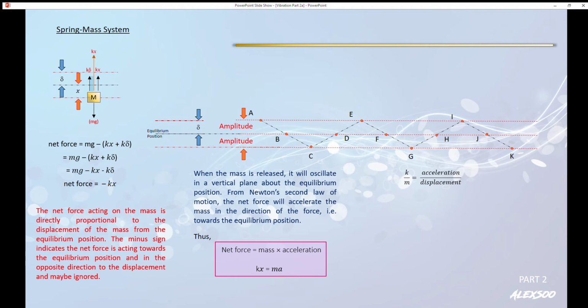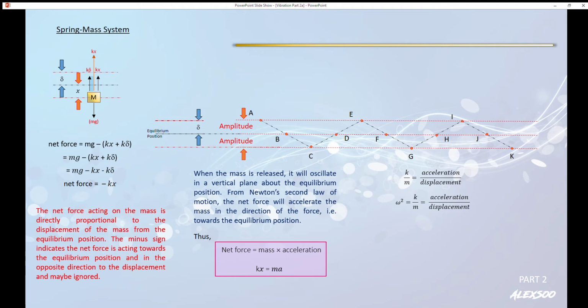Earlier in our oscillation part, we got to know that omega squared, where omega is the circular frequency, equals acceleration over displacement, which here also equals k over m.